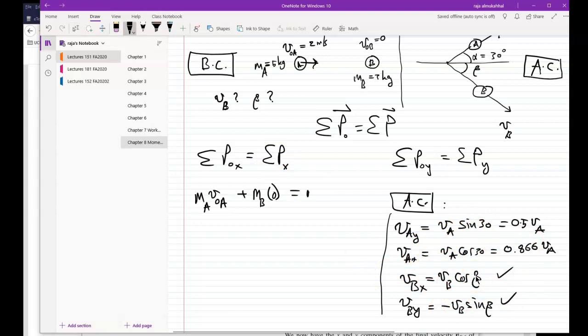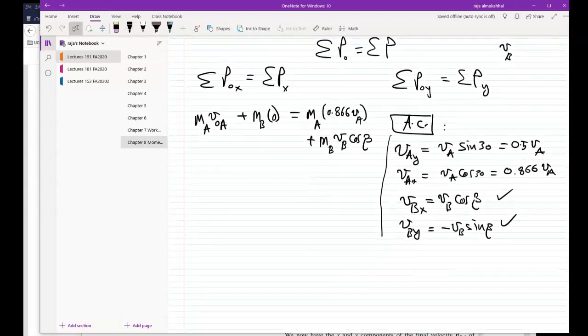So I'm going to go with mA, vA in the x direction, which is this one, times 0.866 vA, plus, I'm running out of space, plus the momentum x for the B, and that's going to be m sub B, v B cosine beta. There we go. I have that. Okay? I'll come back to it in a minute.